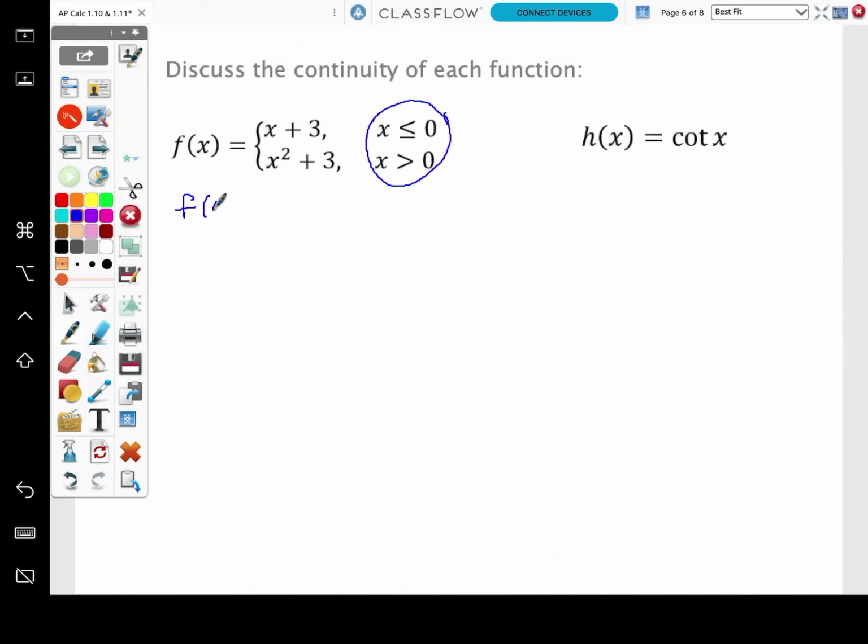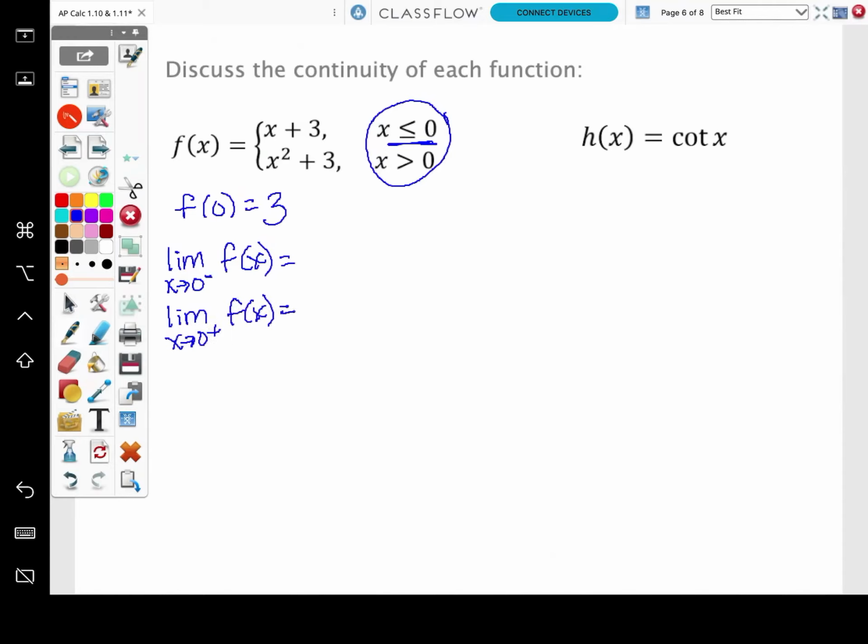So let's check it out. Can I find f of 0? Yes I can. This part of the function, the top branch, tells me that when x is equal to 0, I plug it in, and I'm going to get a value of 3, because 0 plus 3 is 3. The next part tells me I have to examine the limit as x approaches 0. Now it's piecewise, so I have to look at from the left and from the right.